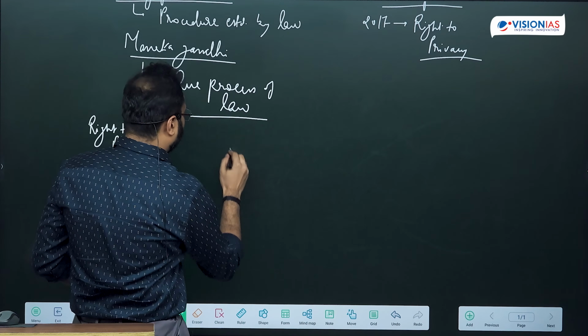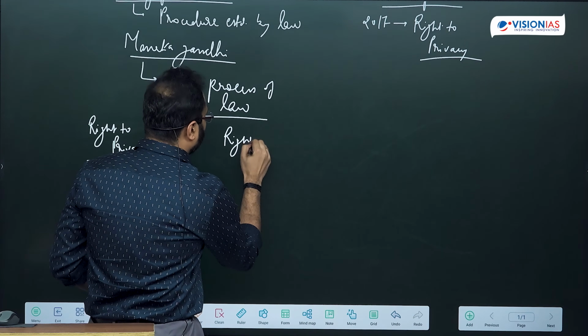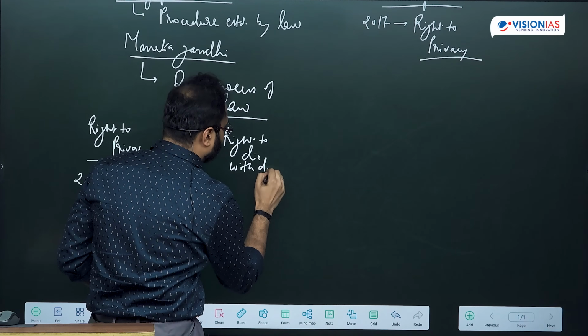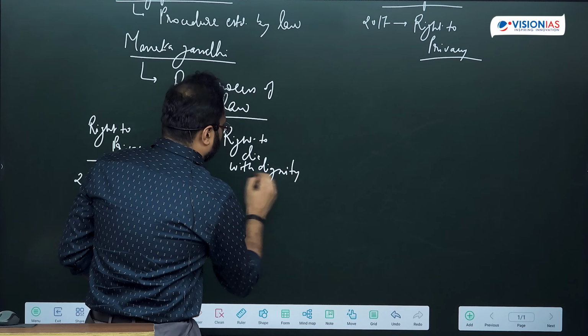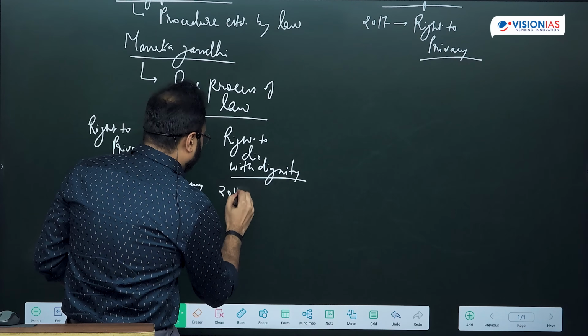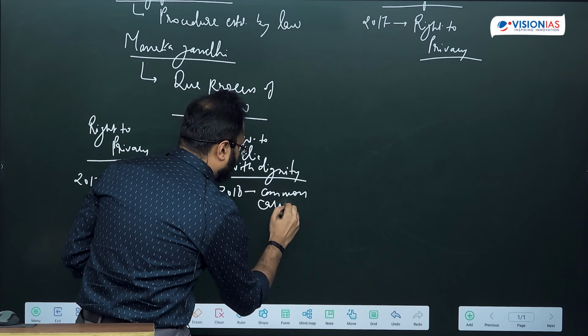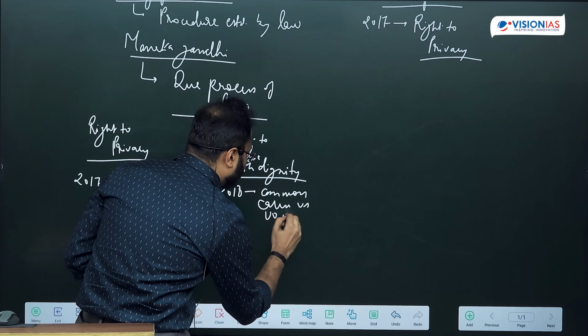Then there was the right to die with dignity. That was in 2018, Common Cause versus Union of India case.